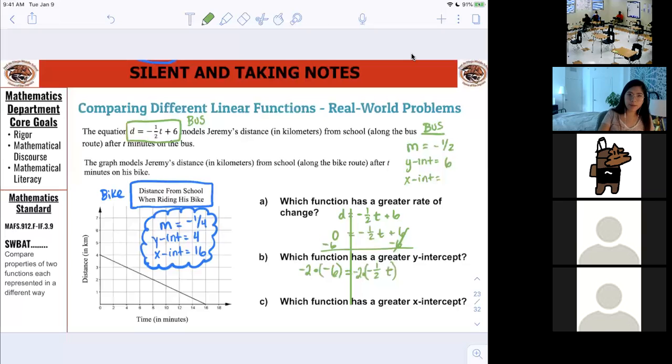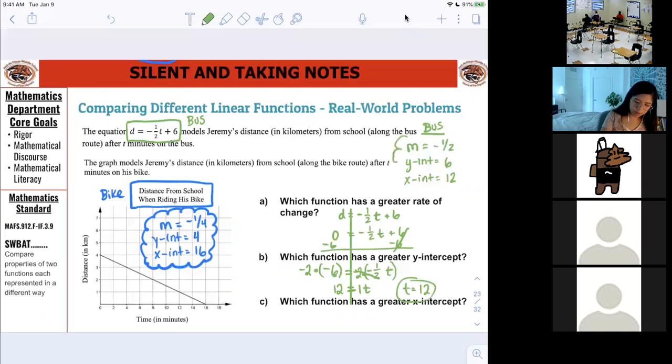That cancels out my fraction, and I'm left with 1t. Now on the left side, what's negative 2 times negative 6? 12, good. So t equals 12, which means my x-intercept is 12.